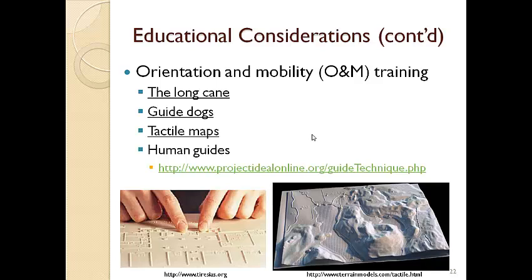And then last of all, we have human guides, which are not recommended as a primary means of mobility, but they're helpful at times. And here I have a website which tells you the different techniques for guiding people who are visually blind. Because just think about it, if you see a person who is blind and you think that they may need help, you don't just grab their arm and pull them to wherever they want to go.